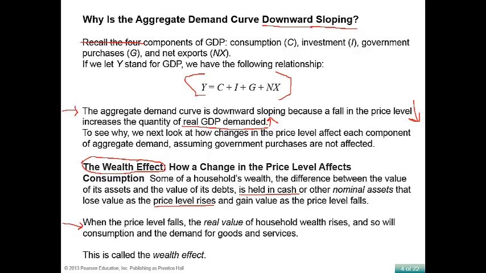The wealth effect also has another meaning and another effect on demand. As the value of people's assets rise, they feel richer. When they feel richer or wealthier, they tend to save less and spend more of their incomes.